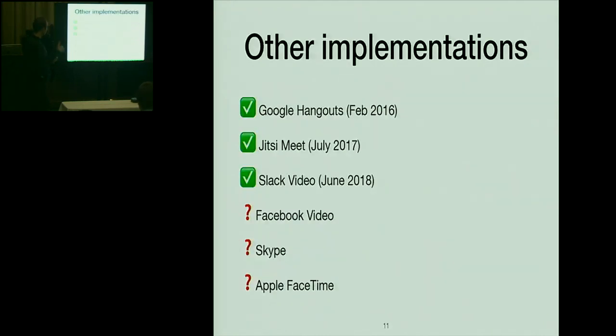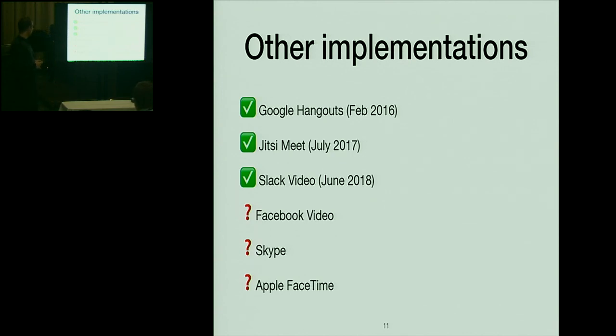So, other implementations. First, it was announced by Google. Google Hangouts has this functionality. It announced it in February 2016. We implemented that. We actually released it in July 2017, so a little bit more than a year ago. Slack Video announced it. Well, actually, they mentioned it during ComCon in London a few months ago. We don't really know whether they were using that even before that.